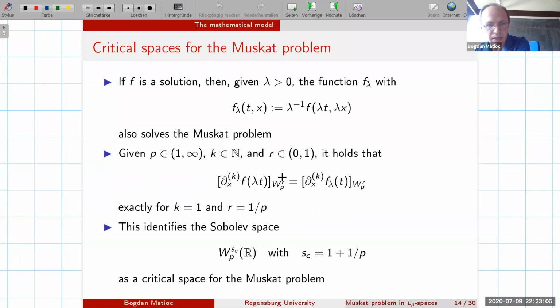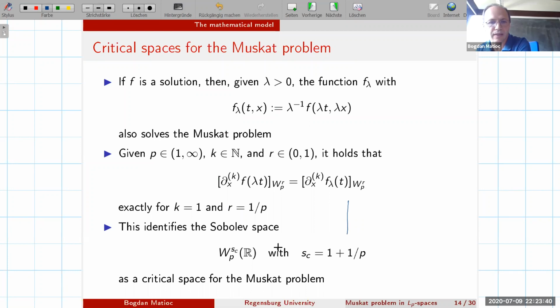It turns out that if we take the first derivative of f and f lambda, and we compute the W^{r,p} Sobolev seminorm with r equal 1 plus 1 over p, we have equality here. And this identifies the Sobolev space W^{s,p} with critical exponent 1 plus 1 over p as a critical space of the Muskat problem. Our result will be in the setting when s is strictly larger than this exponent.